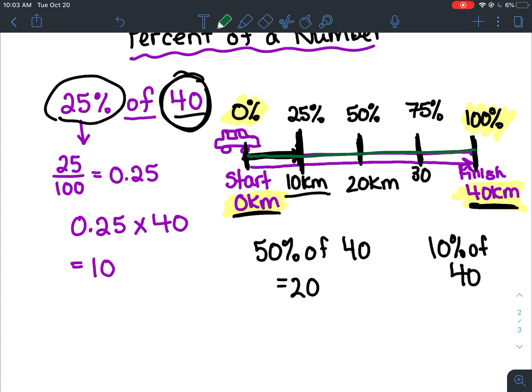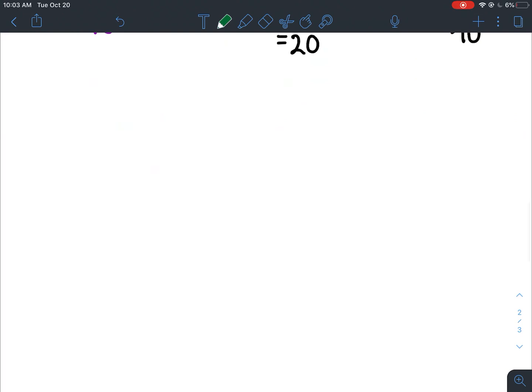Well, how about sections of 4? Like 4 kilometers, 8 kilometers, 12 kilometers, etc. So that's how you're kind of working with percents. But the quick math way is to change it to a decimal and then multiply it by that number. That's a quick way.